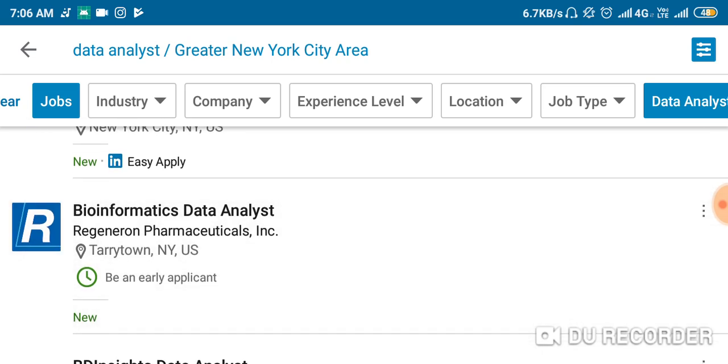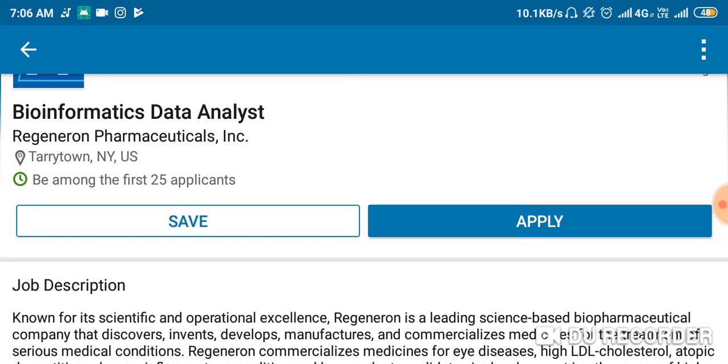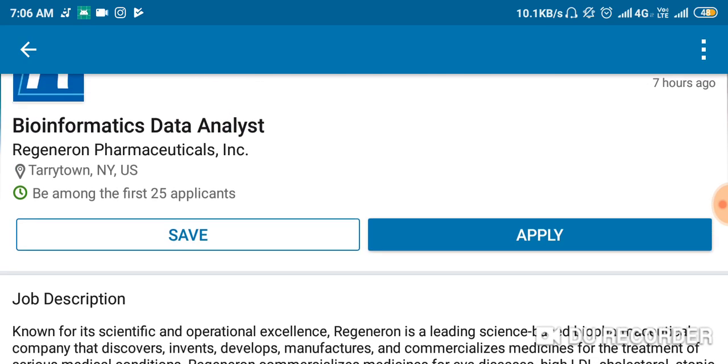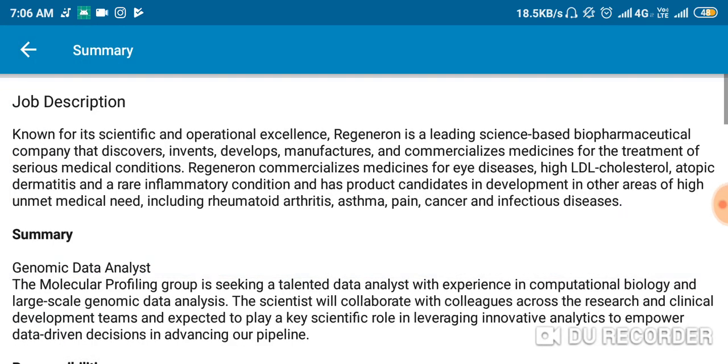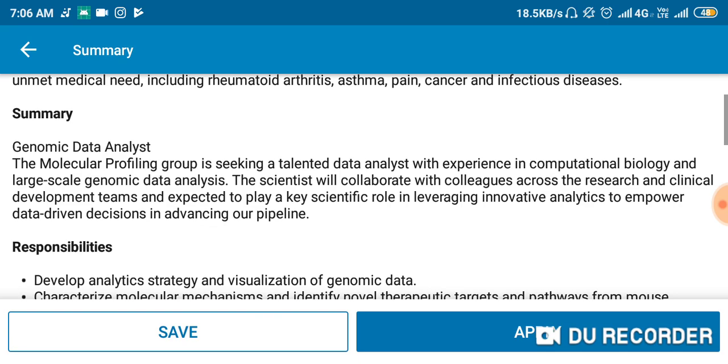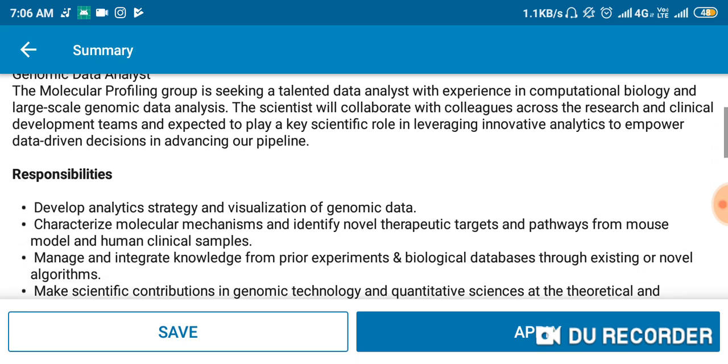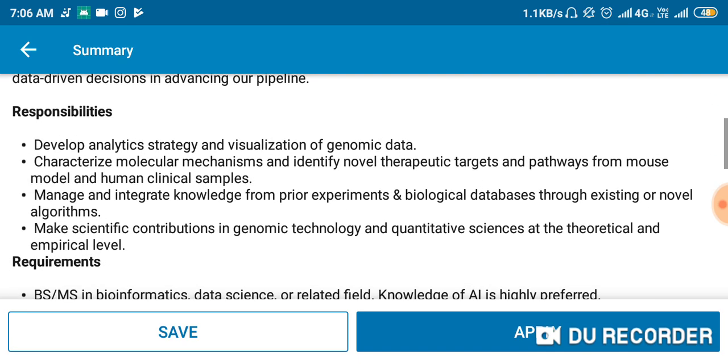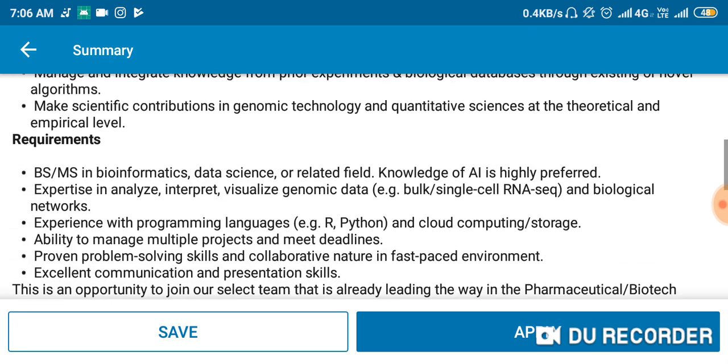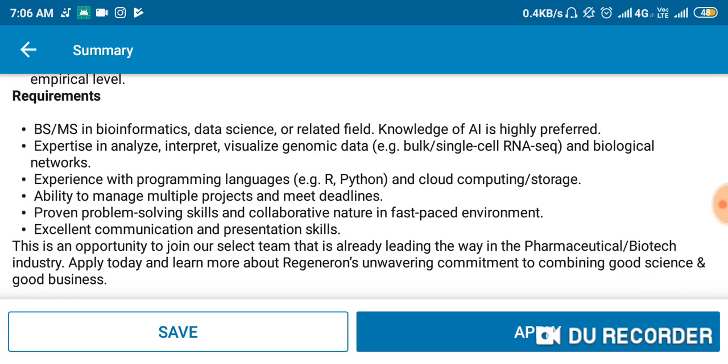This is bioinformatics data analyst. Genomic data analyst responsibilities. These are some responsibilities, but we will talk about the requirements. So this needs a BS and MS in bioinformatics, a bachelor's or a master's in bioinformatics, data science, or a related field.